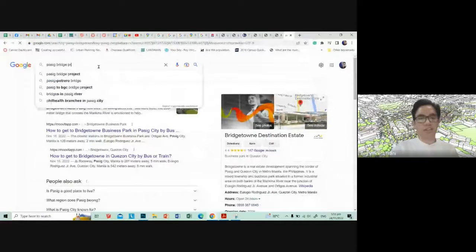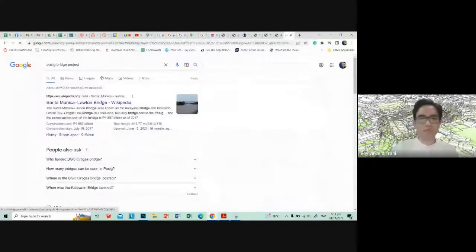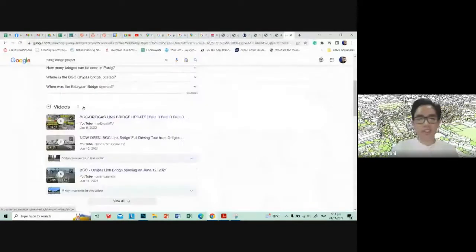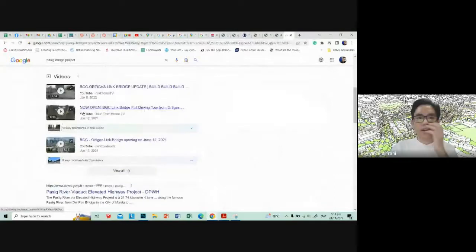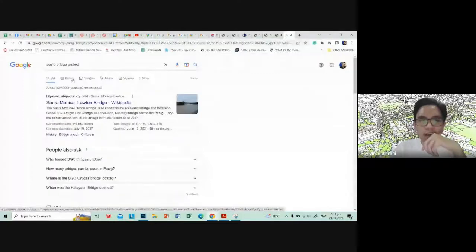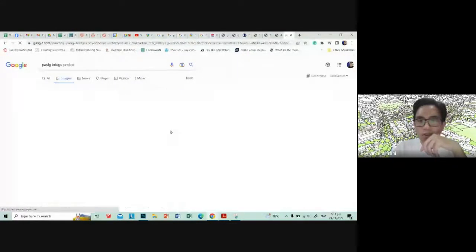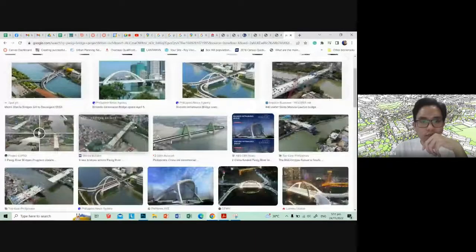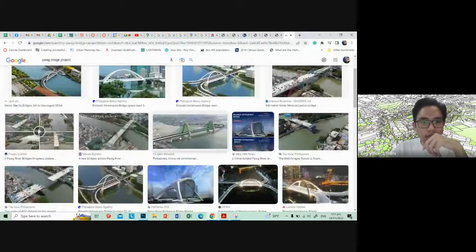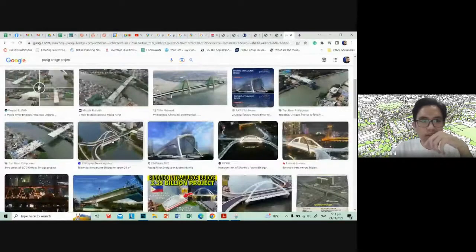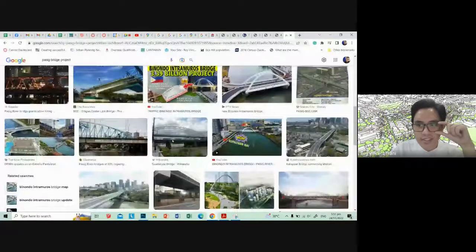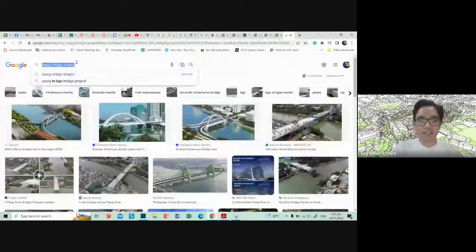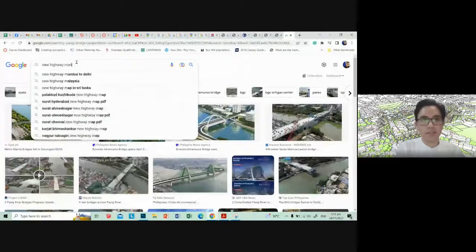Now this one has a lot of environmental planners in the Philippines concerned, I guess a good way to say it, because it's a lot of bridge and it's over the Pasig River. Let's see, Pasig Bridge project. Where was that? Not necessarily this one. I forgot the name. Let's see, new highway in Manila.